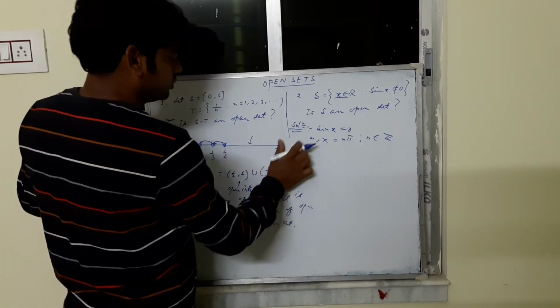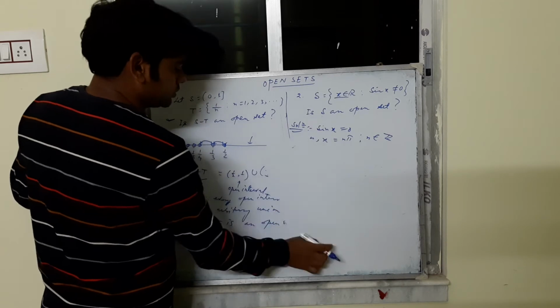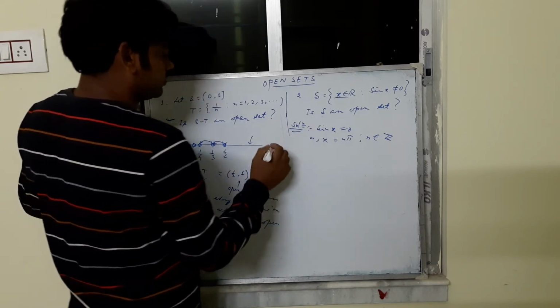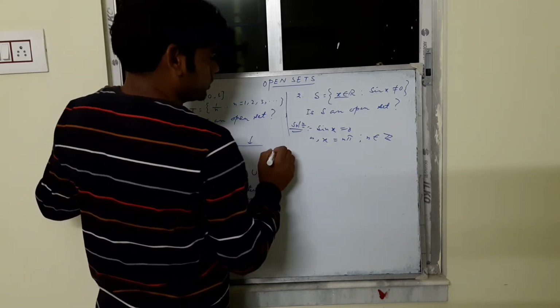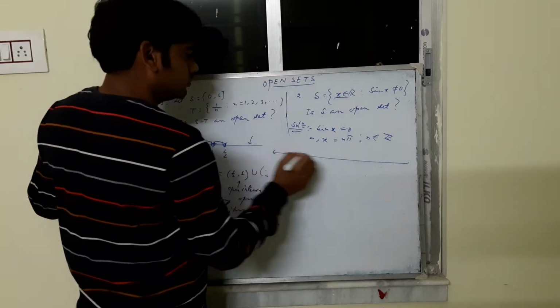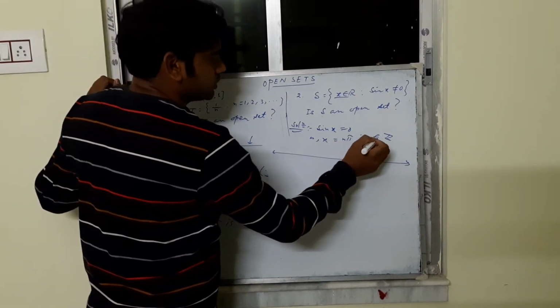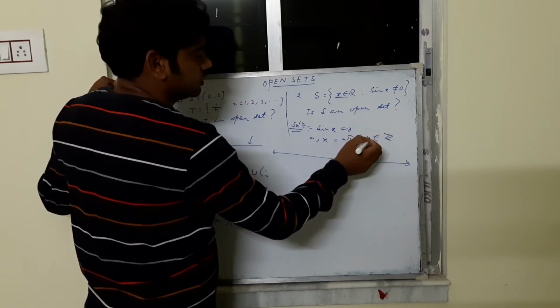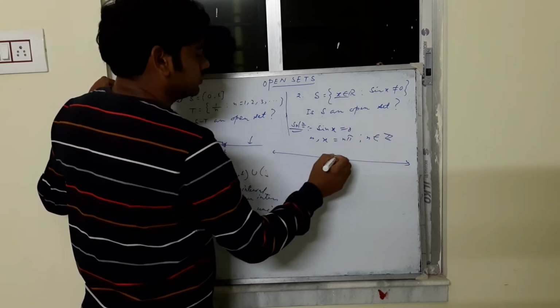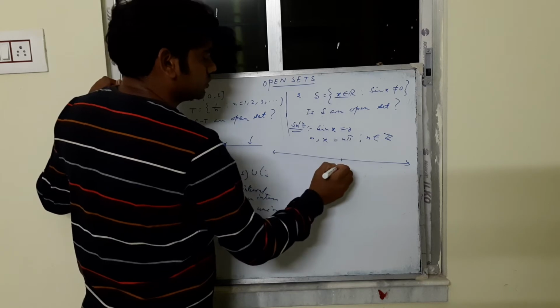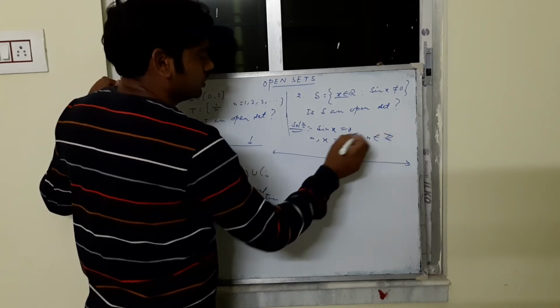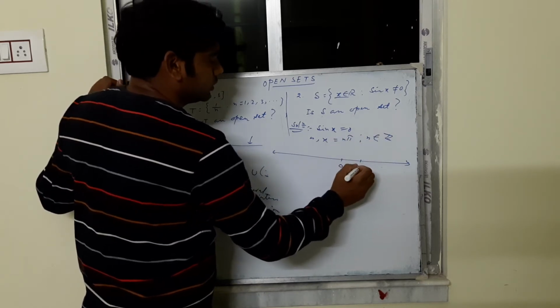So here too we sketch the line and see what we observe. n belongs to Z, the set of all integers. If we take n equal to 0, it will be 0. If we take n equal to 1, then it equals pi.